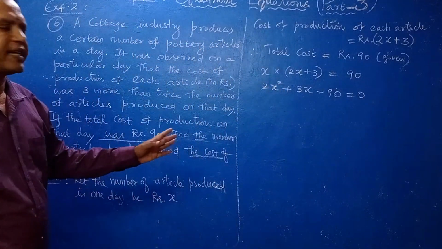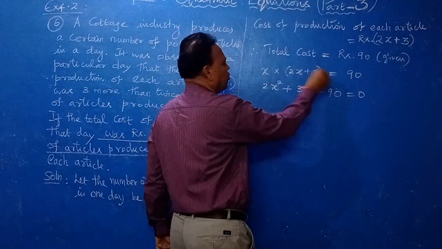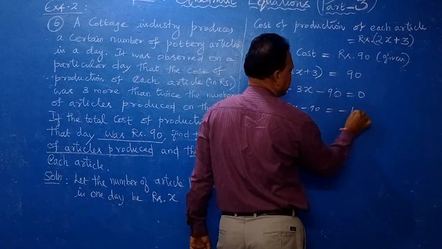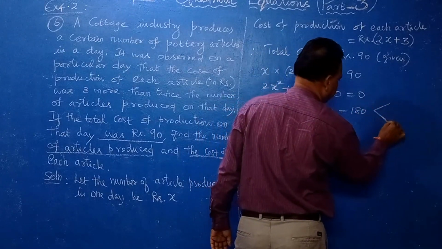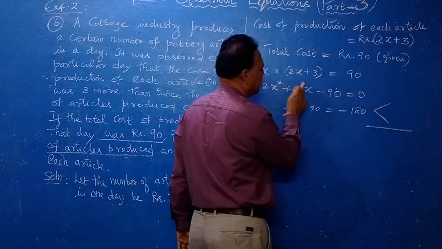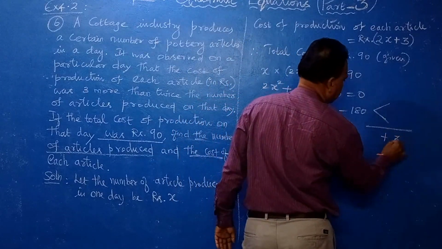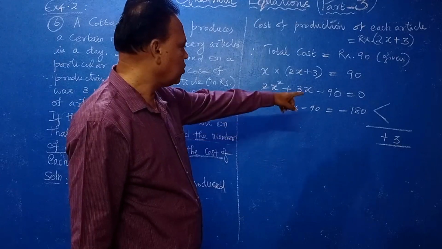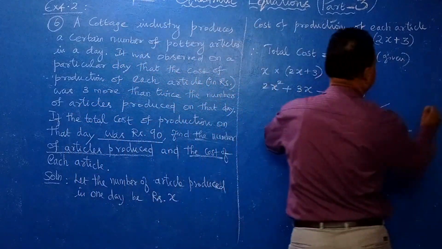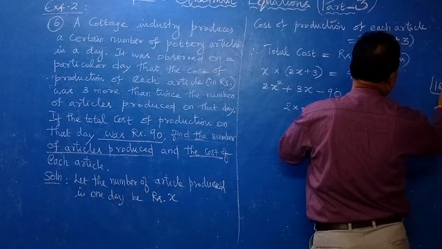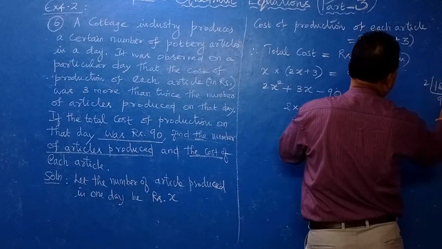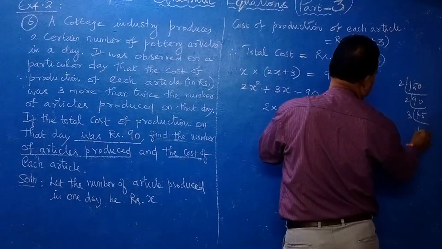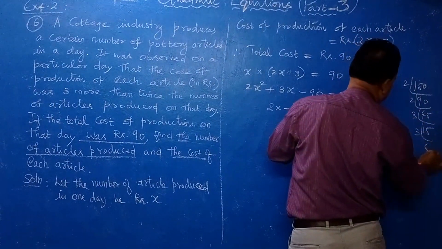Now easily we can factorize this. 2 into minus 90 is minus 180. Split it into 2 factors such that the middle term is plus 3. Now make factors of this 180: 2 times 90, 2 times 45, 3 times 15, 3 times 5.